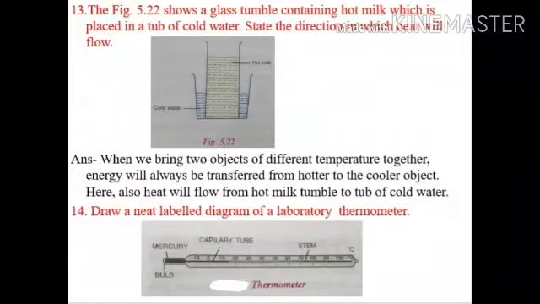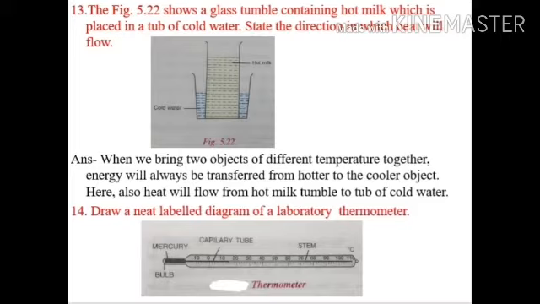Now question number 13. The figure 5.22 shows a glass tumbler containing hot milk which is placed in a tub of cold water. State the direction in which heat will flow, and the picture is given below.